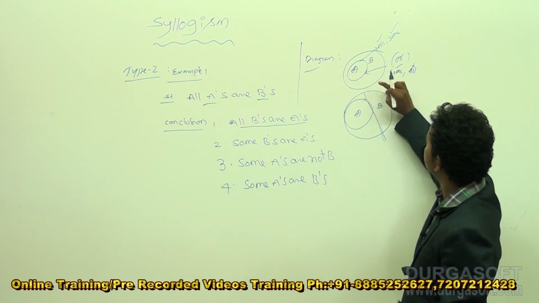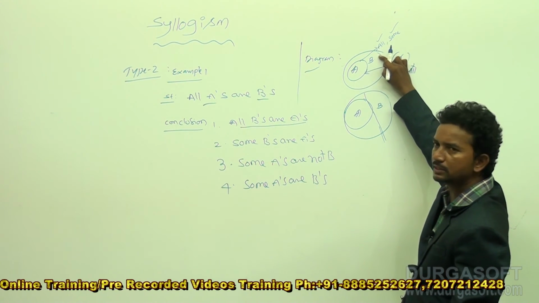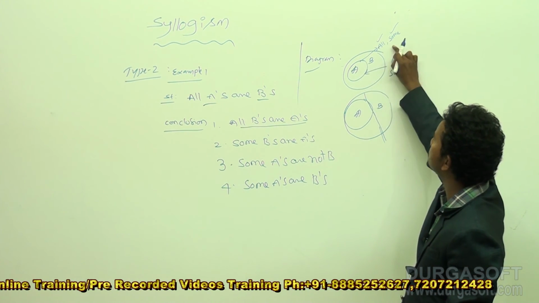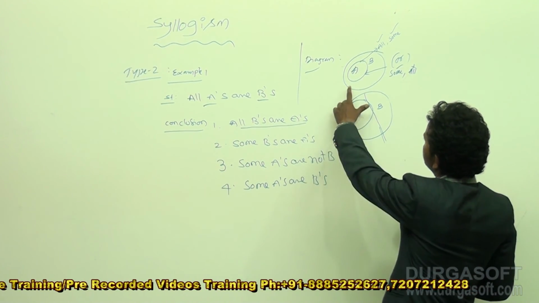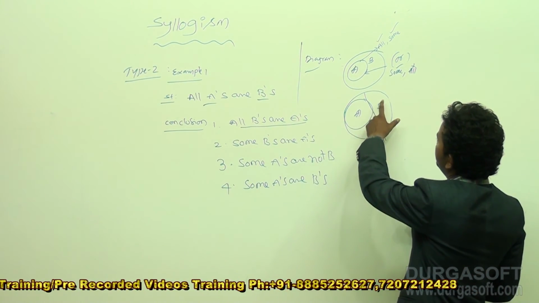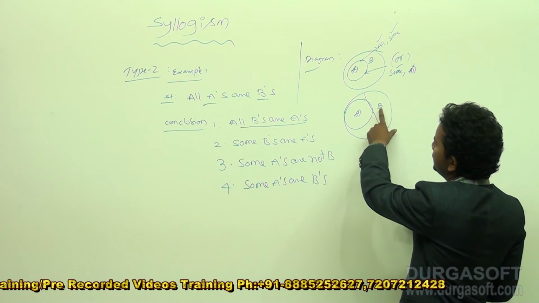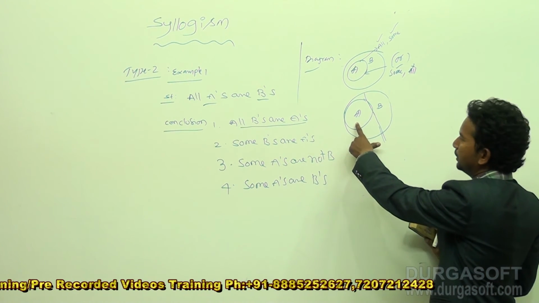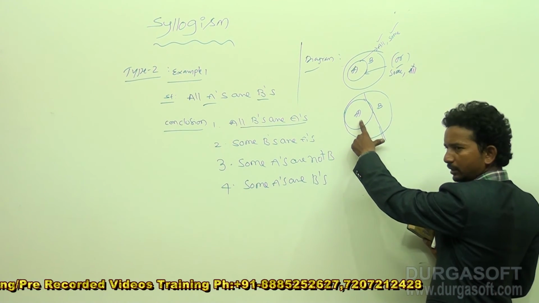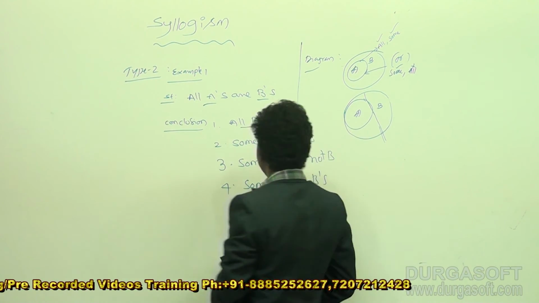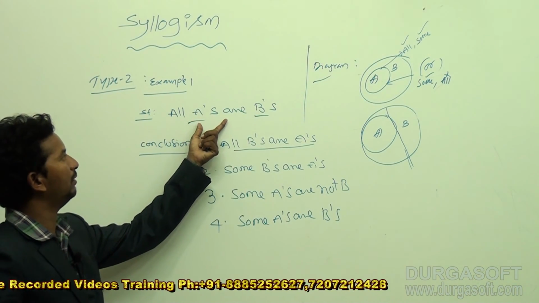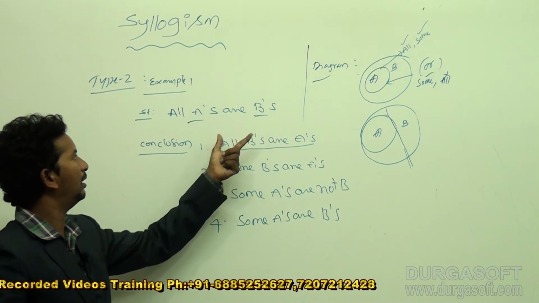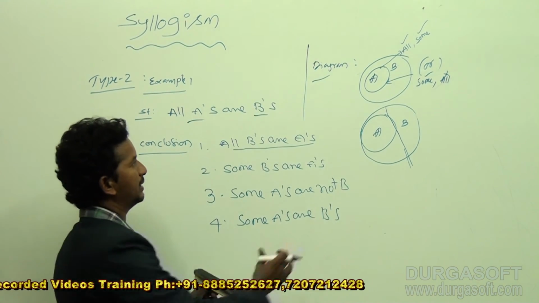Okay, now coming to this one, all A's are B's. Are some A's also B's? This is true. Now all A's are B's, and some B's are also A's, but not all B's are A's. Now see here, what are my conclusions? Now check it here. All A's are B's, my diagram is like this.